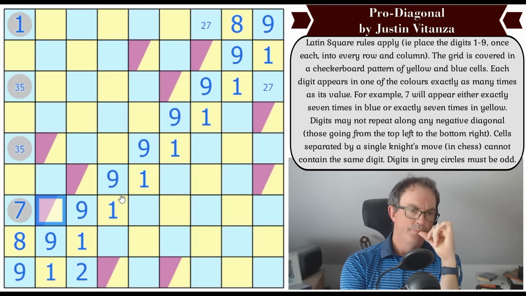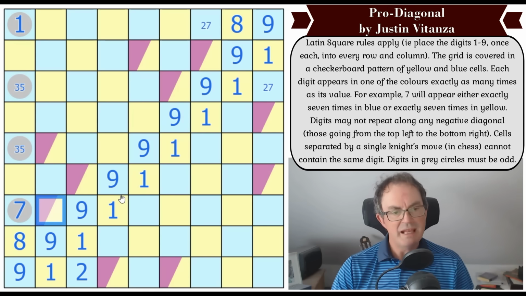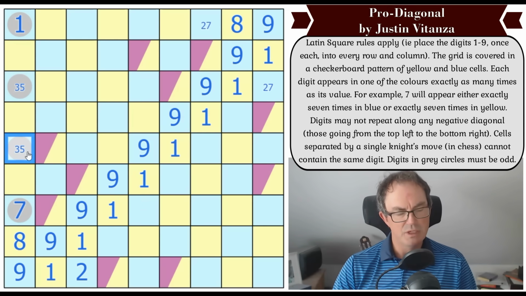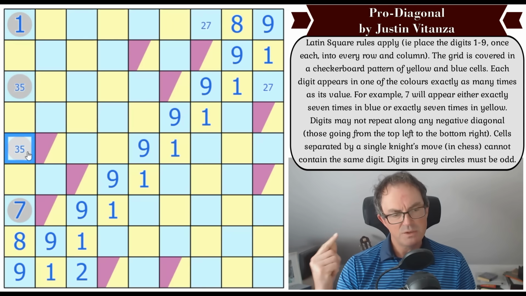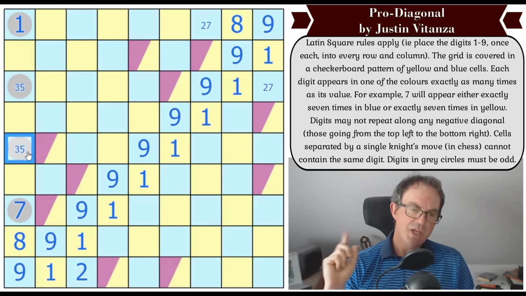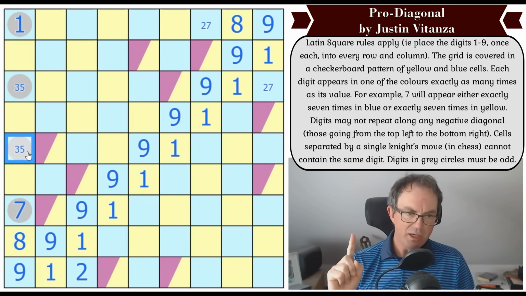Now, what about the next blue diagonal is what I'm wondering about. What's that got to have on it? I know it's got to have a 2 and a 7 on it, so there are 2 free spaces. Yeah, it's got to have 5 on it, and it's got to have 4 on it.